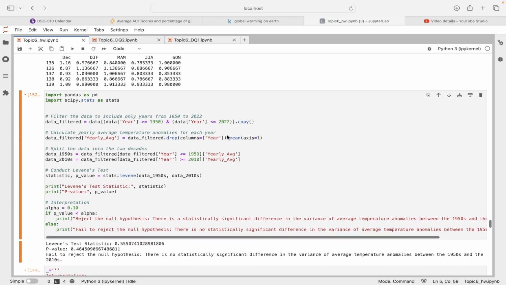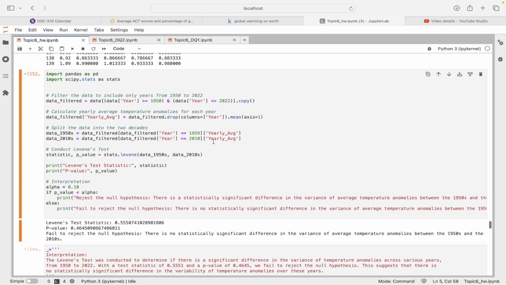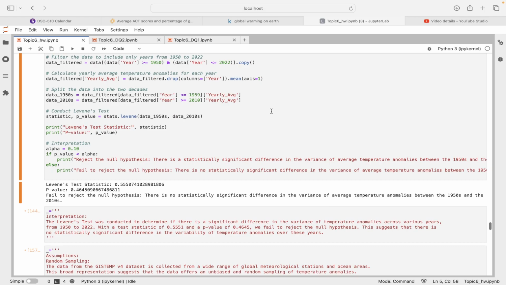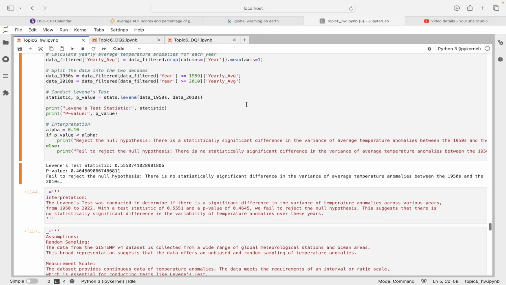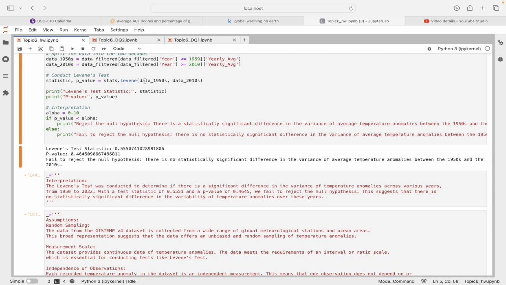We filtered some of this data out to just get our selected decades. We calculate the yearly average temperature for each year, split the data into the selected decades, and here we conduct our Levene's test.